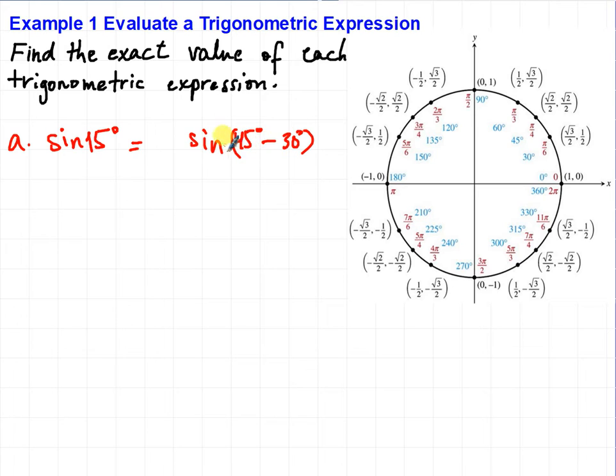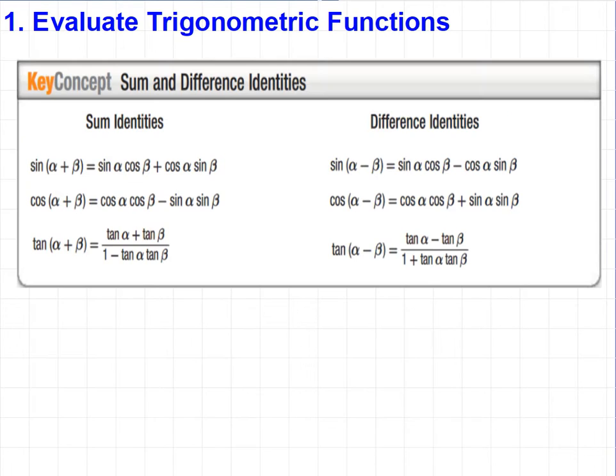Now here we can apply the difference identity for sine. It's of the form sine a minus b. And sine a minus b, what is it equal to? Let's check back here. Sine a minus b is equal to sine a cosine b minus cosine a sine b.